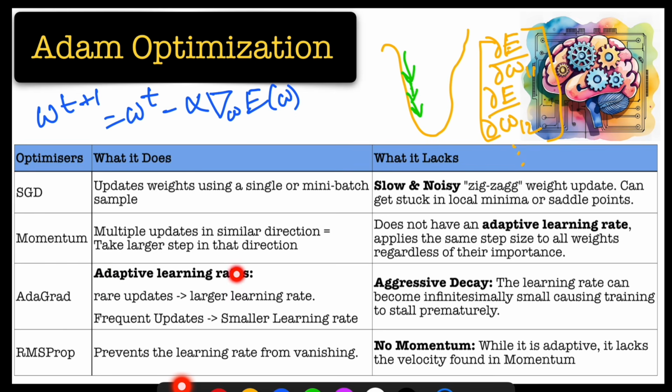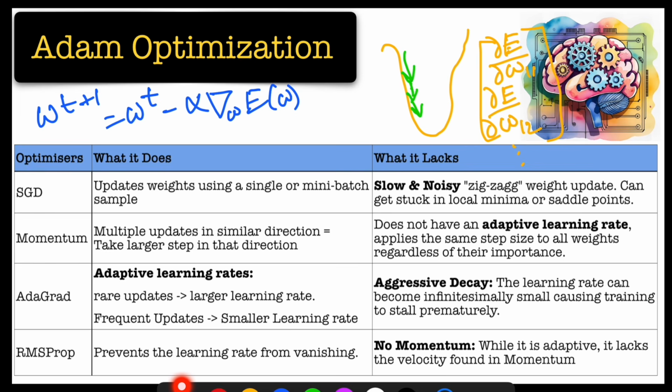AdaGrad has adaptive learning rates. The weight parameters which have rare updates will have larger learning rates, and those which have frequent updates will have smaller learning rates. AdaGrad solved a great problem, but it still has one minor problem, the aggressive decay problem.